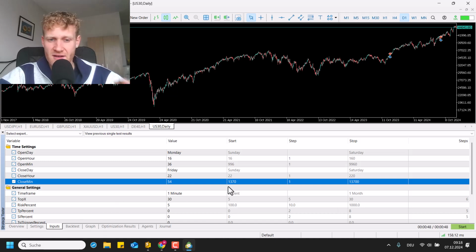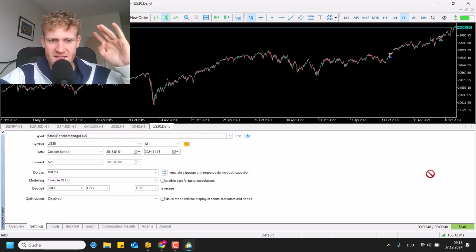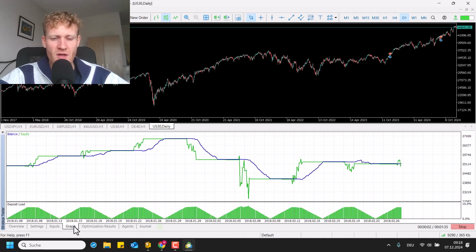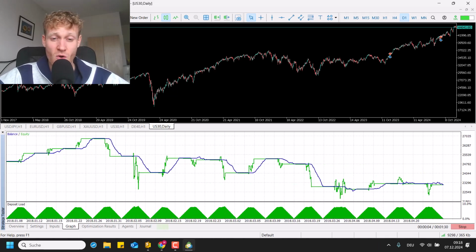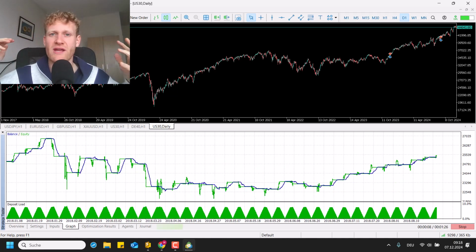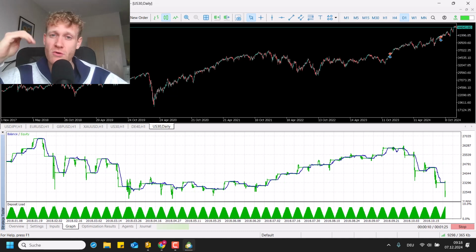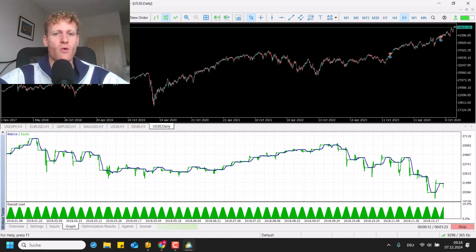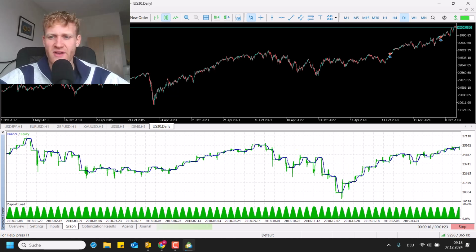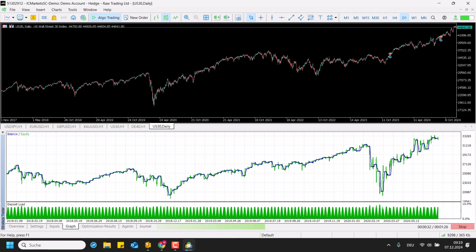So if the rest is completely the same settings, same everything, I will do a non-visualized test for the same testing period. So the idea here is that we should get all of the profits from the weekdays, and we do not have the risk over the weekend, and we do not have the increased swap over the weekend, which is a great deal, I would say. So let's see how this specific test turns out.